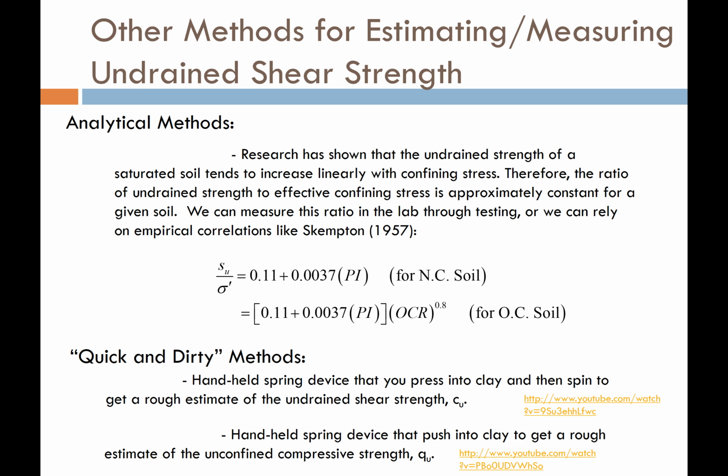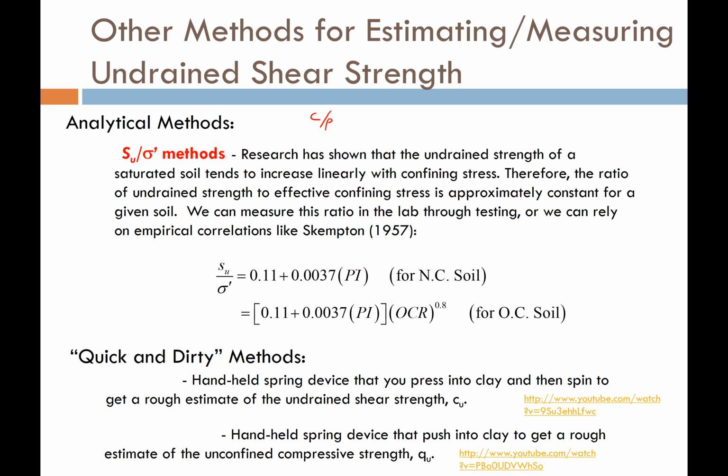Now, there's other methods that we can use to estimate or measure the undrained shear strength of the soil. One method that's really popular with geotechnical engineers is what we call S sub U over sigma prime methods. Sometimes these are called C over P methods. That comes from Great Britain. It's basically the same thing. Researchers such as Skempton have found that the ratio of the undrained shear strength of the soil to its effective stress in the ground is essentially a straight line.